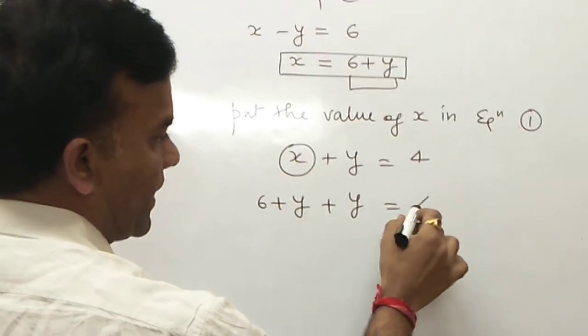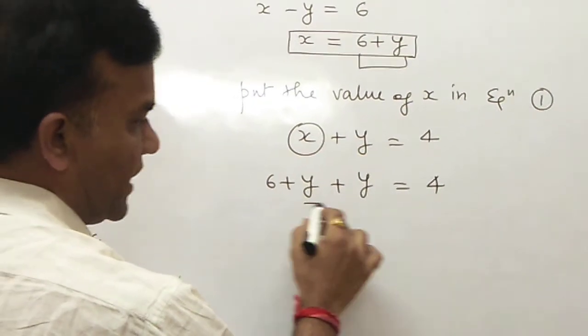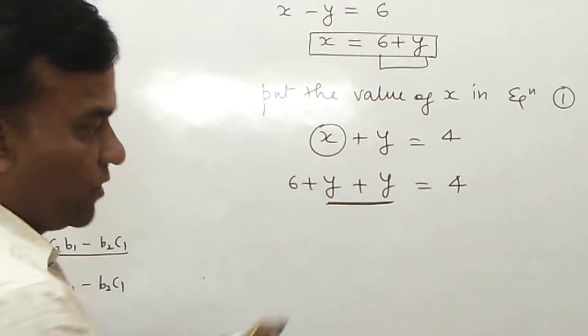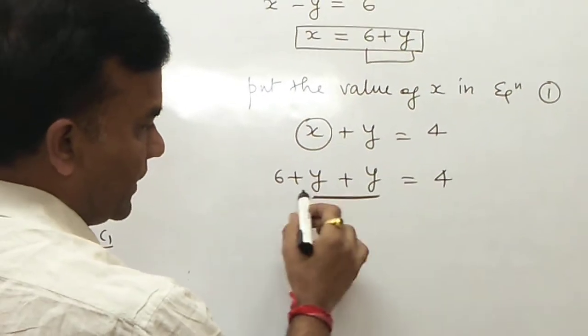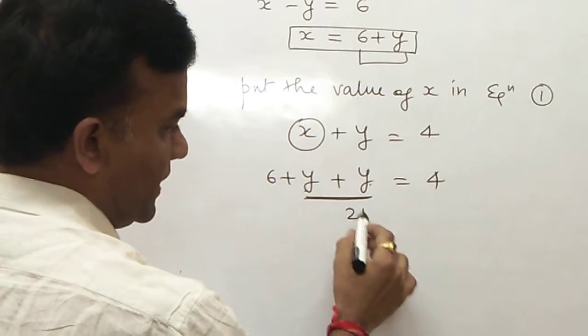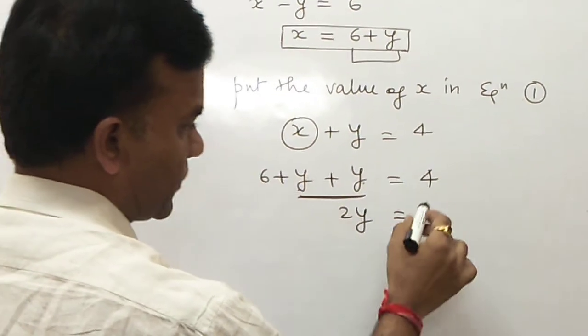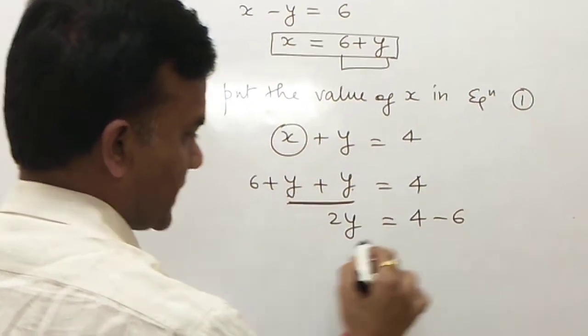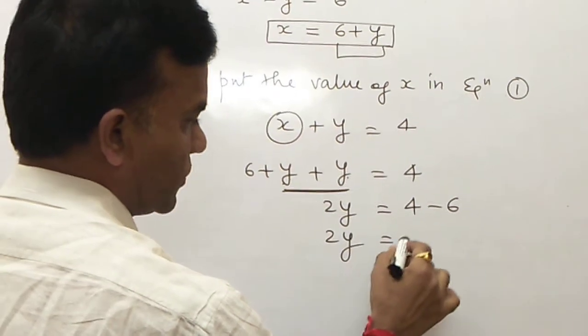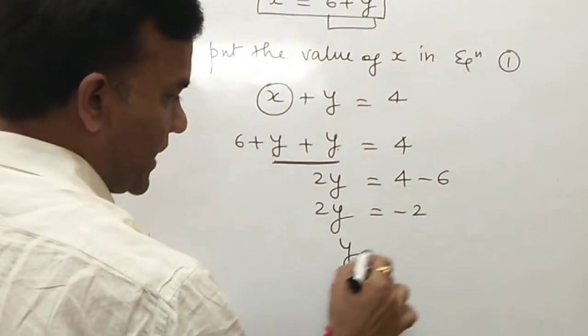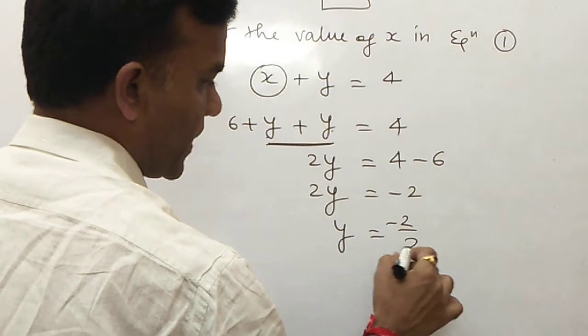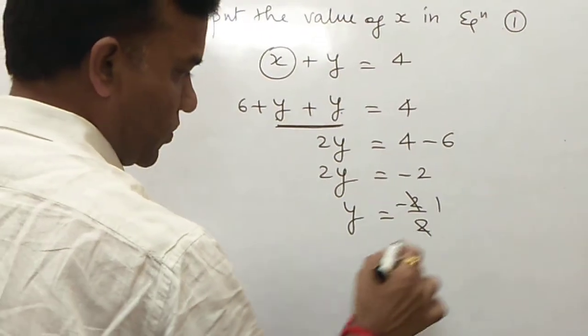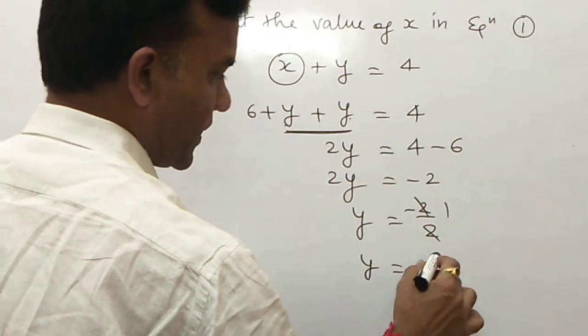Similarly, y is there again, and then you separate the like terms. You have two terms of y, so y plus y is 2y, and the 4 moves over: 4 minus 6. So 2y equal to minus 2, and y equal to minus 2 by 2. So 2 cuts, and you have y equal to minus 1.